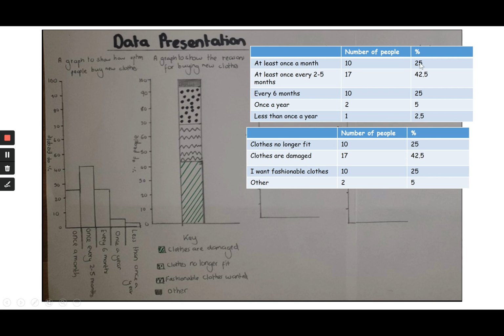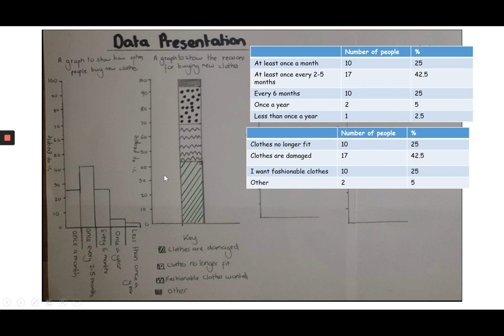So 25% of people buy clothing at least once a month. So you can see here I've plotted 25%. 42.5% of people have responded at least once every 2 to 5 months. So again, you can see where I've plotted that, and actually I've just measured up 4.25 centimetres. It's made it a little bit easier for me, and I've completed that graph as so.